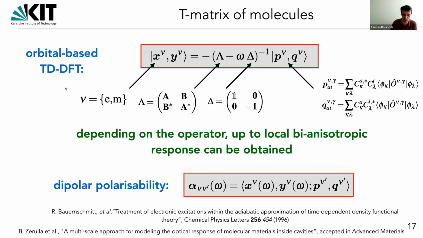But in a nutshell, you start at the DFT level, to calculate the ground state electron density of an individual molecule. This ground state electron density contains all information from a quantum mechanical level on the properties of the molecules. Then we use time-dependent density functional theory, whereas the ground state electron density is perturbed by an external electric or magnetic field.